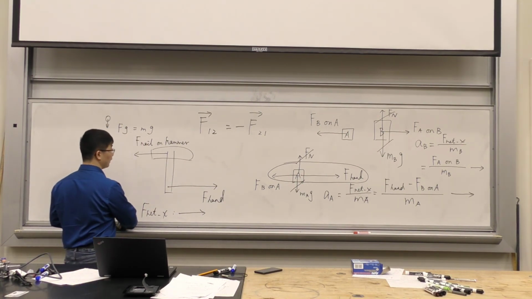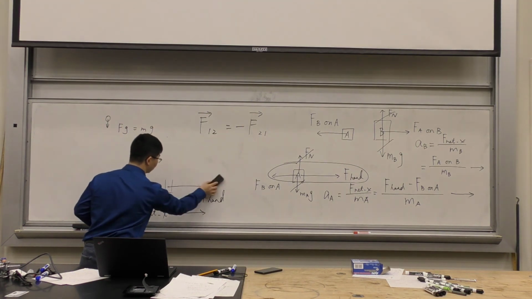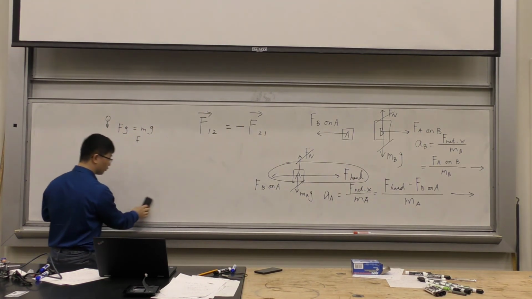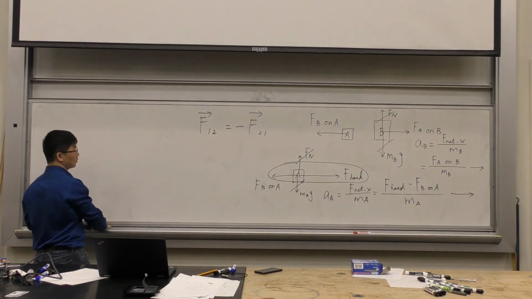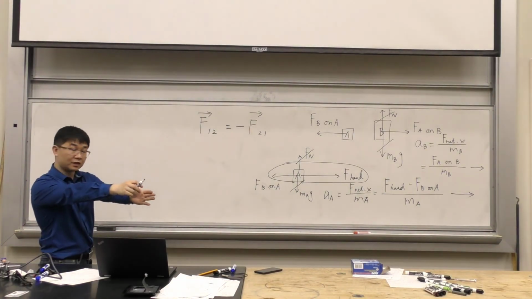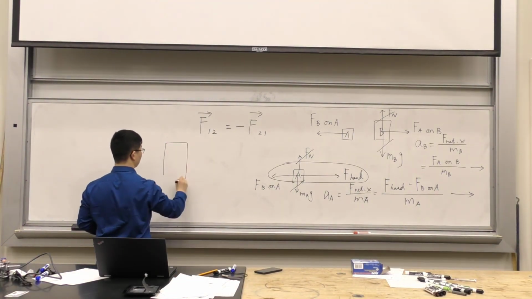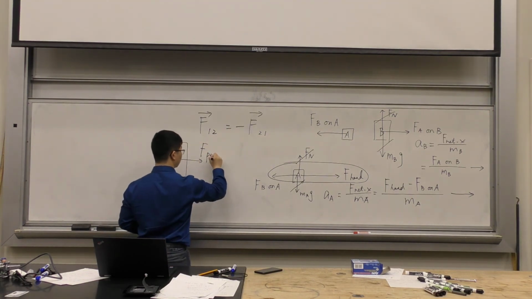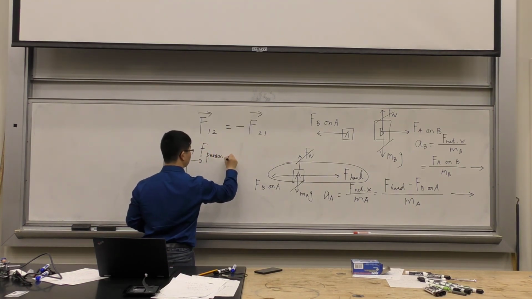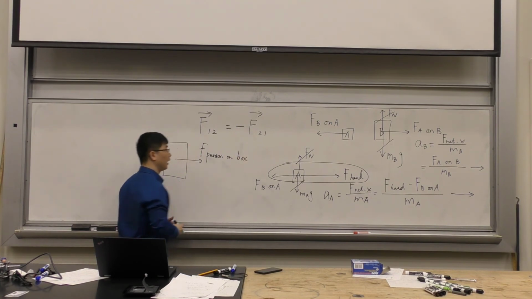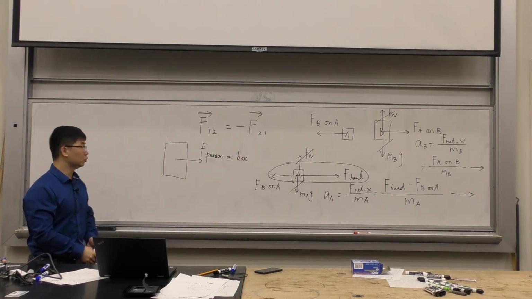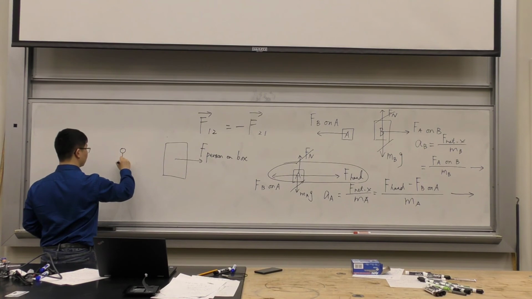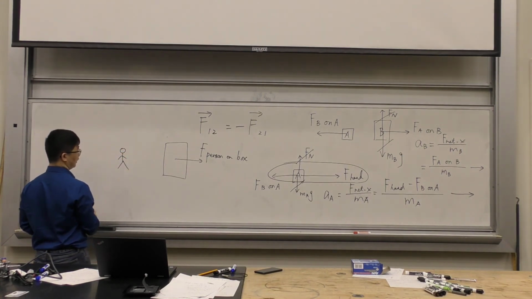You would say there is a force from the person, from myself, on the box. That's why the box moves in that direction. So this is the person on the box. But okay, if Newton's third law is true, let's draw the force on the person.